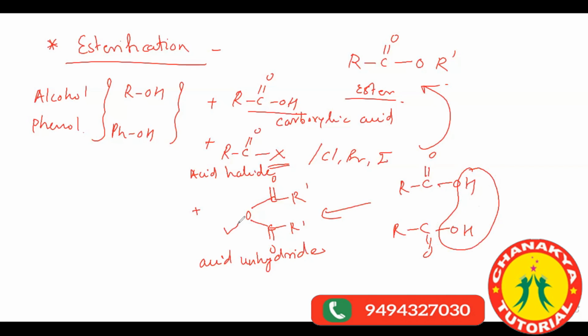Yes, ma'am. Now shall I erase it? Yeah, you can. We will see the reactions now. And what happens, see? Aromatic or aliphatic. Suppose ROH, if you're reacting, that is for alcohol. And if you're writing ArOH, that is for phenol. If you react it with your RCOOH, what is it?